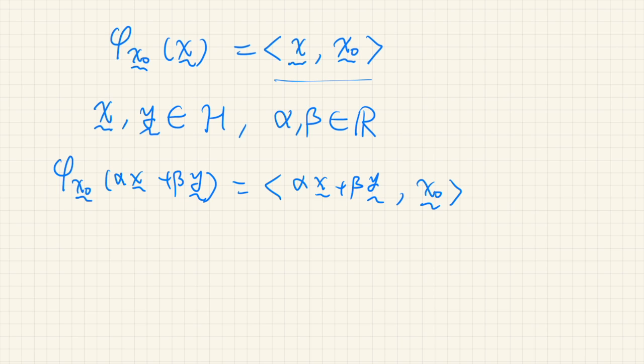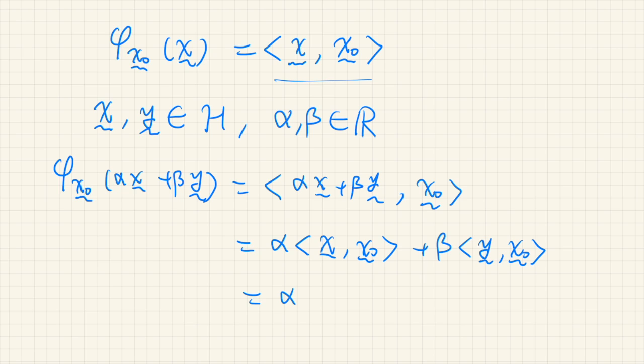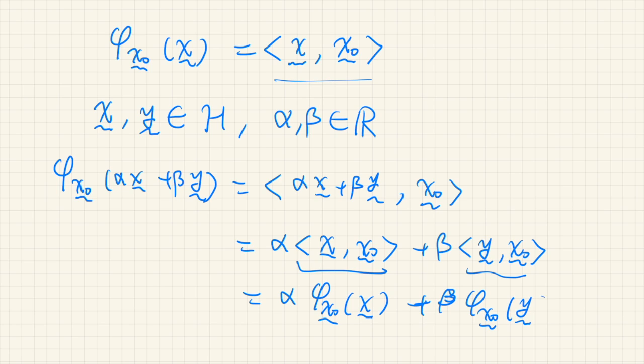Using the properties of the inner product, this can be split as alpha times the inner product between x and x0 plus beta times the inner product between y and x0. But this part is phi x0 of x, and this part is beta phi x0 of y. So the map phi x0 is linear.